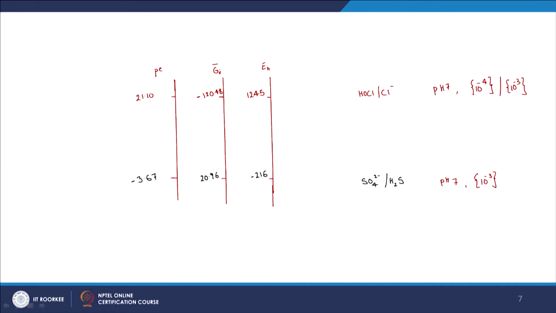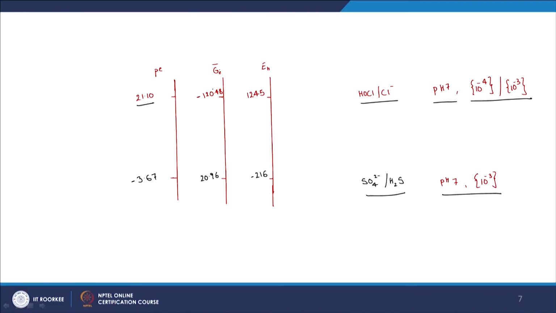Here I have the calculated PE values for these two redox couples, HOCl and Cl minus, and SO4 2 minus and H2S, at pH 7 and 10 power minus 4 and 10 power minus 3 concentrations respectively for HOCl and Cl minus, and pH 7 and 10 power minus 3 for the couple of SO4 2 minus and H2S.